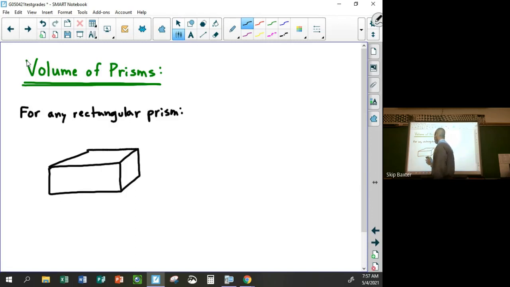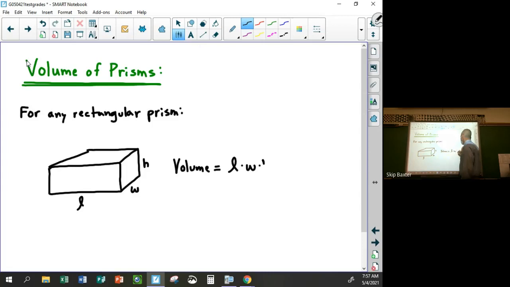There are 3 relevant dimensions: length, width, and height. Everybody knows this. What's the volume formula for a box? Length times width times height, right? So the volume is equal to length times width times height.